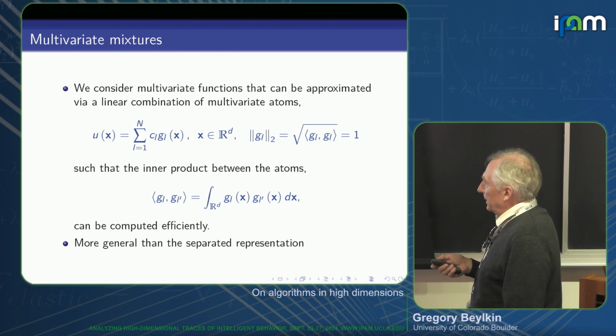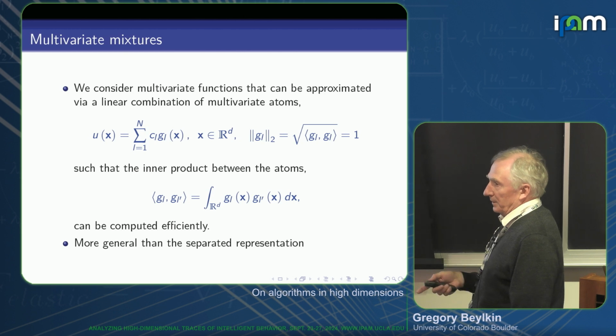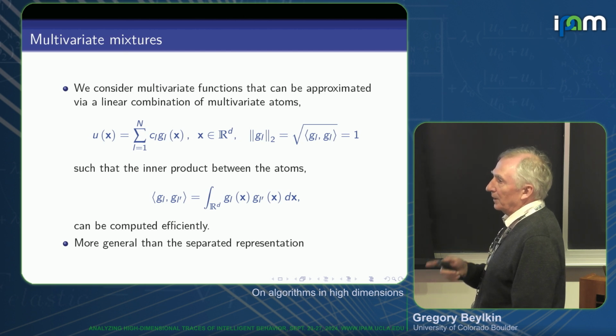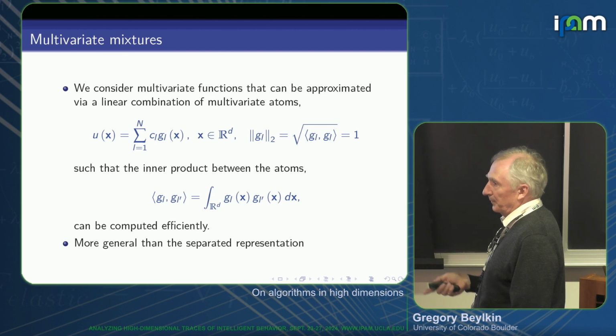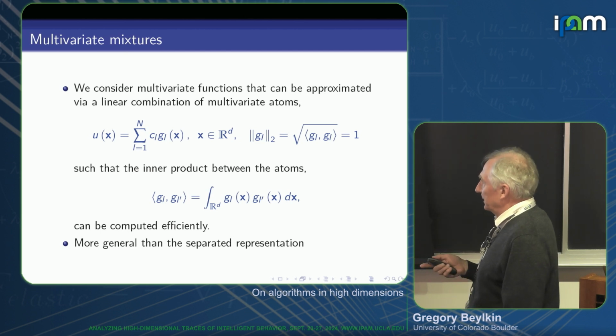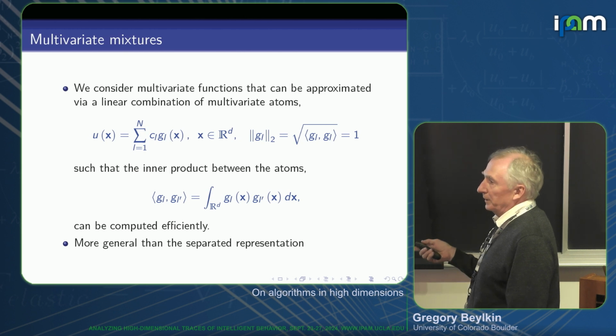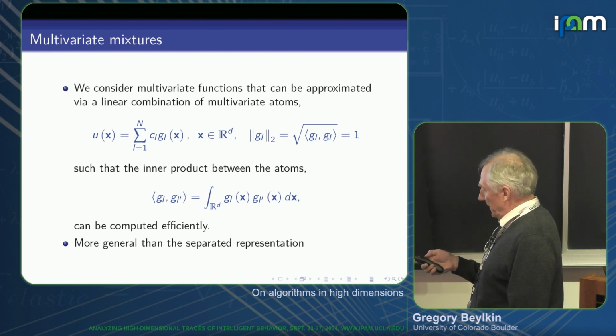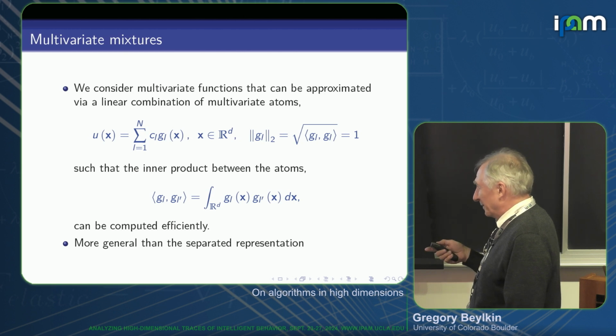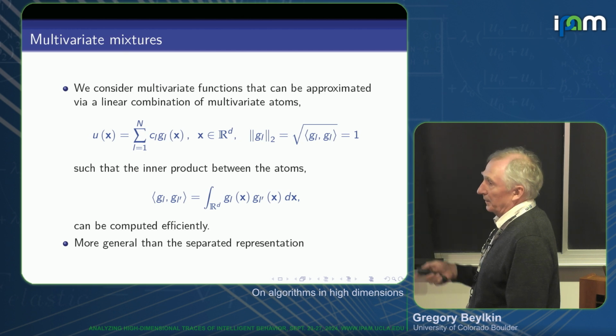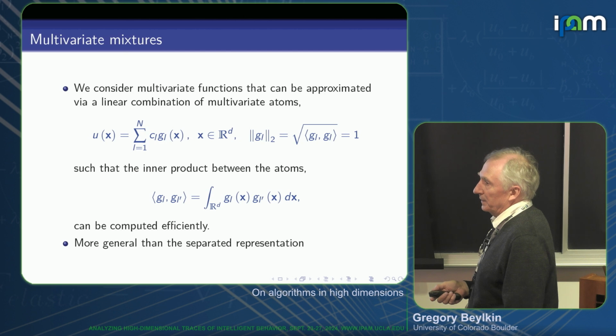Now, in linear algebra, when you work with matrices and you compute the skeletons, those algorithms are proportional to n squared, where n is the size of the matrix, because you have to apply this matrix to a vector. So it's already n squared. And this is because the inner product cost is order n. And here we want this inner product to, it may depend on dimension, but we want it to be independent of the number of points and things like that.